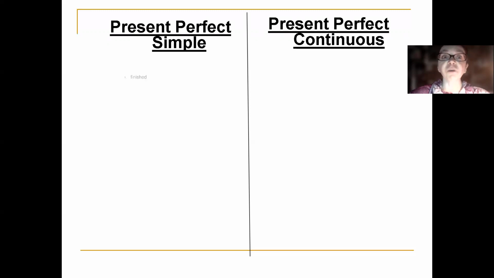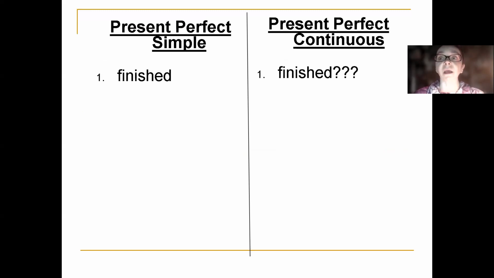The first difference is that in present perfect simple, the action is definitely finished. If I say, I have written the essay, it means you can read this essay. It's here. If I say, I've cooked paella, it means you can eat this paella. It's ready. But when I say, I have been writing the essay, it doesn't mean the essay is necessarily done.